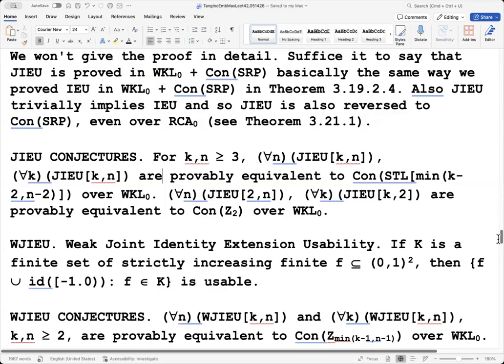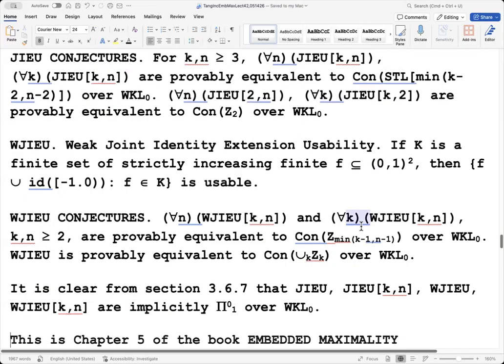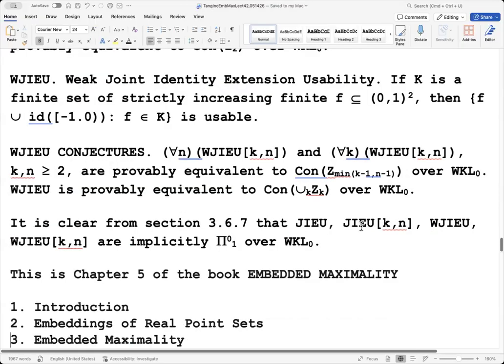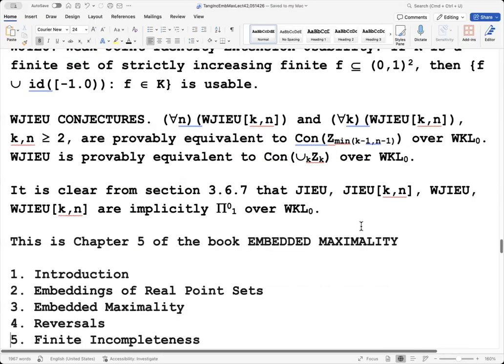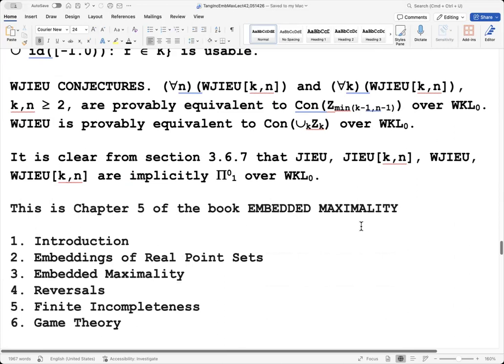So for WIEU, we have the same situation, the same conjectures at a lower level.